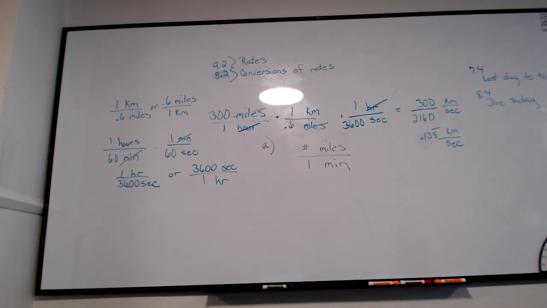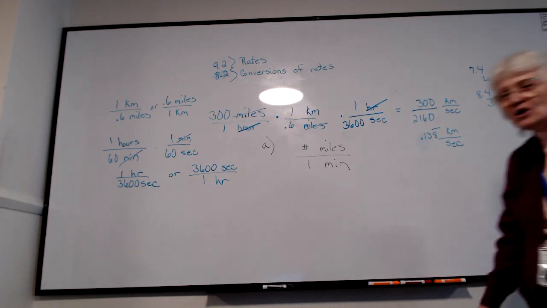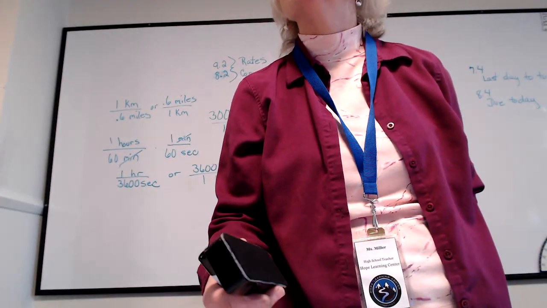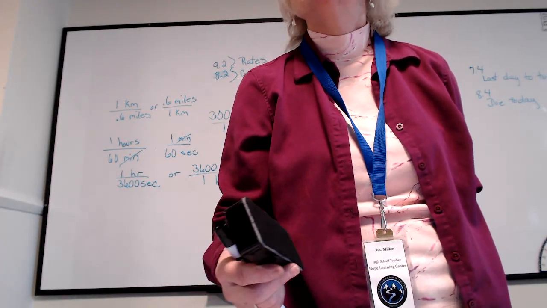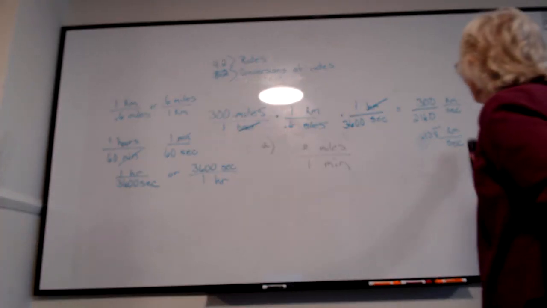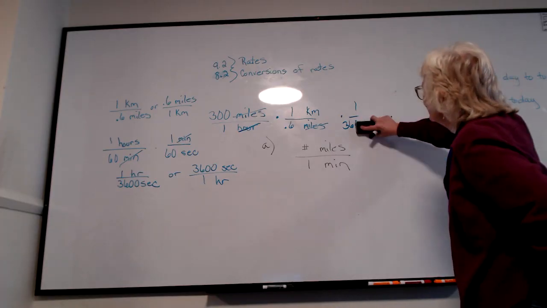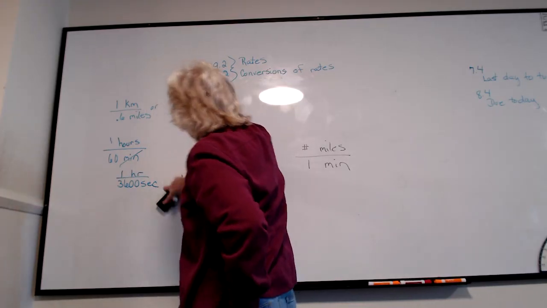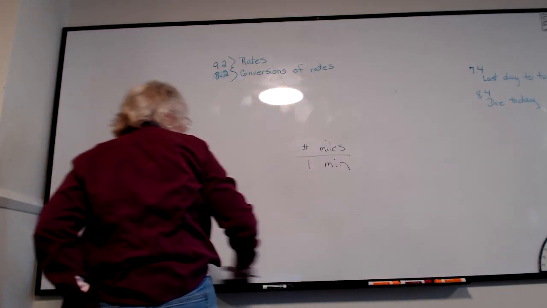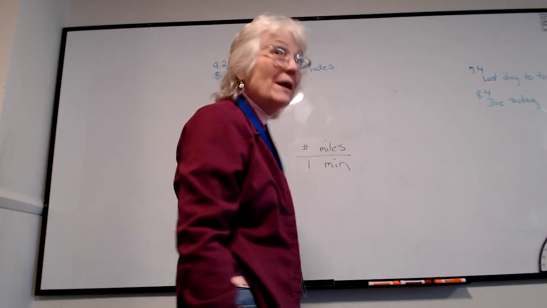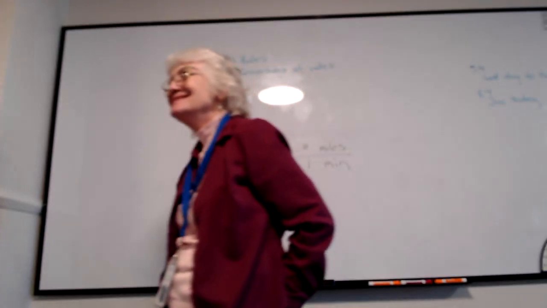What you're looking for is the number of miles he does in 1 minute. That's all you're doing. It's not 8 miles in 1 minute. So tell me what it is. Divide 1.5 miles by 12. What does that give you? Miles.